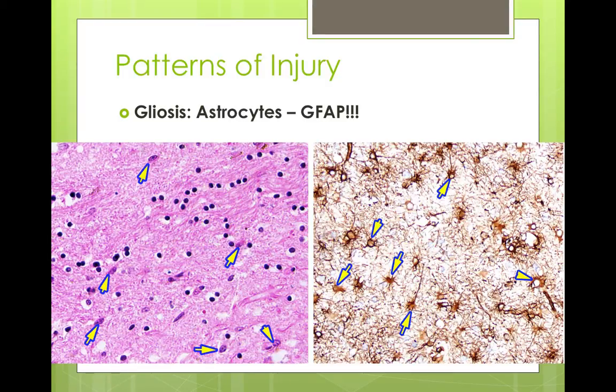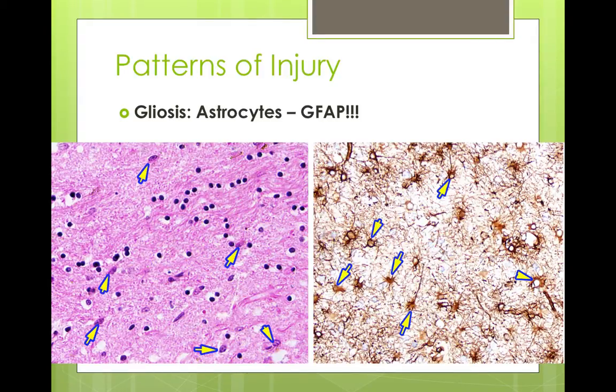What is gliosis? Imagine that I damage some part of the nervous tissue. You know that neurons cannot regenerate. And because neurons cannot regenerate, the space left after the neurons died should be filled with something. That something is glial cells.